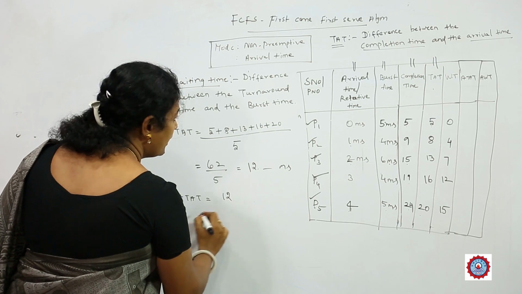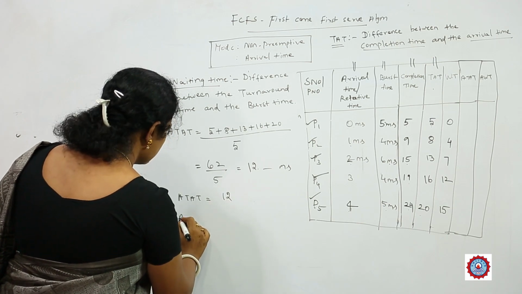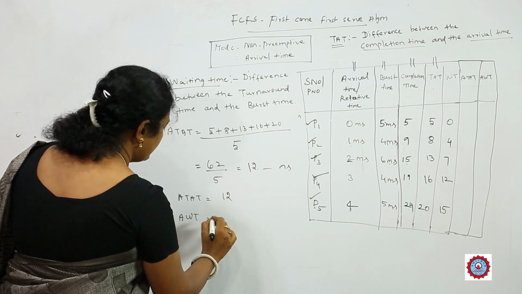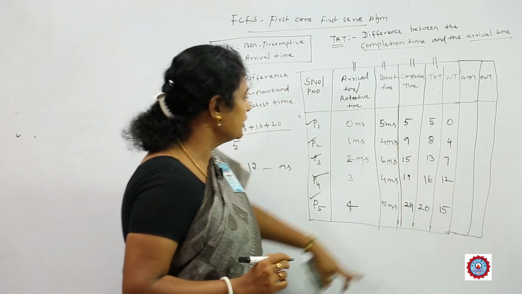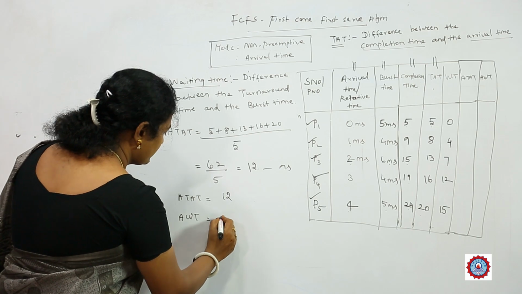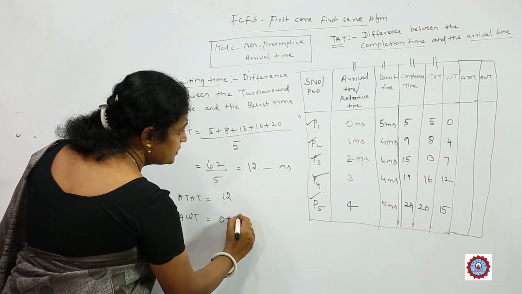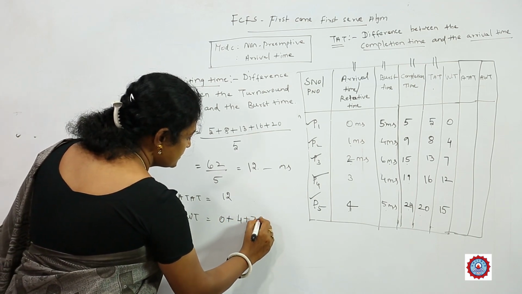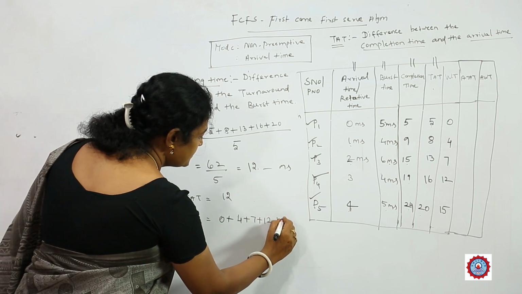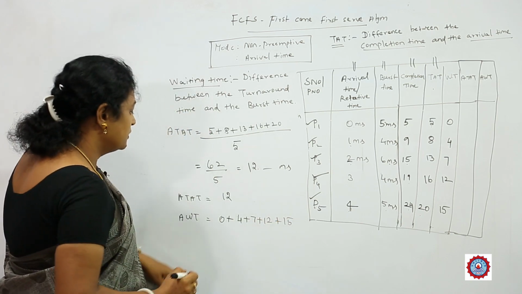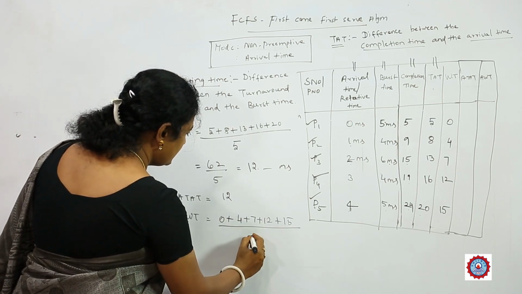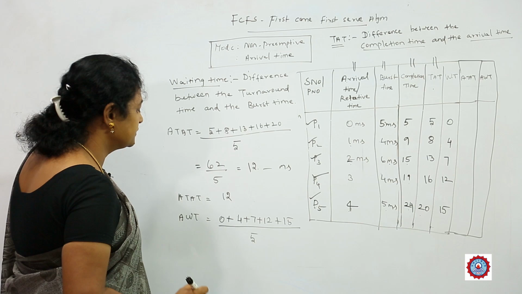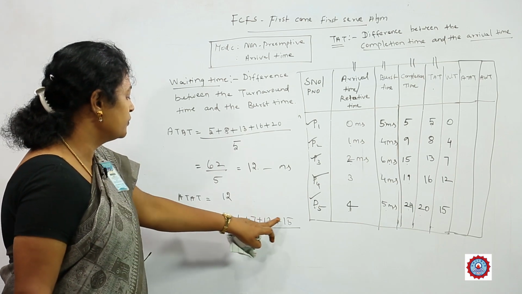So, 12. And the average waiting time? What's the average waiting time? This is the waiting time: 0 plus 4 plus 7 plus 12 plus 15, divided by the number of processes, 1, 2, 3, 4, 5.